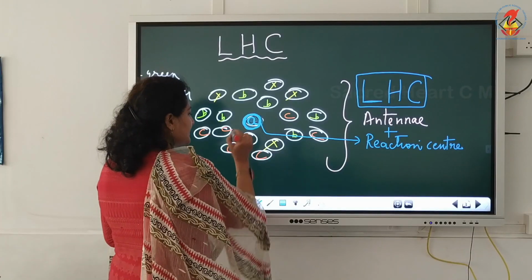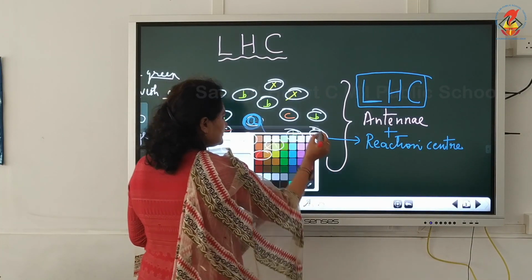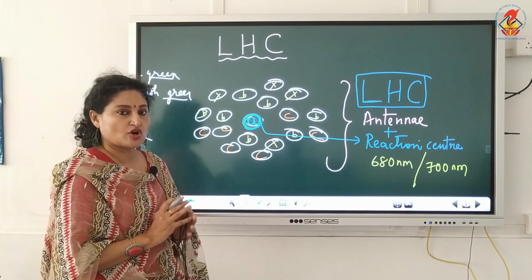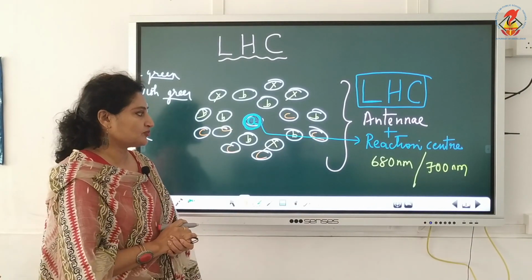Now, the specialty of chlorophyll A is that it absorbs light of 680 nanometers or 700 nanometers of the light spectrum. So, once again, chlorophyll A absorbs light of either 680 nanometers or 700 nanometers.